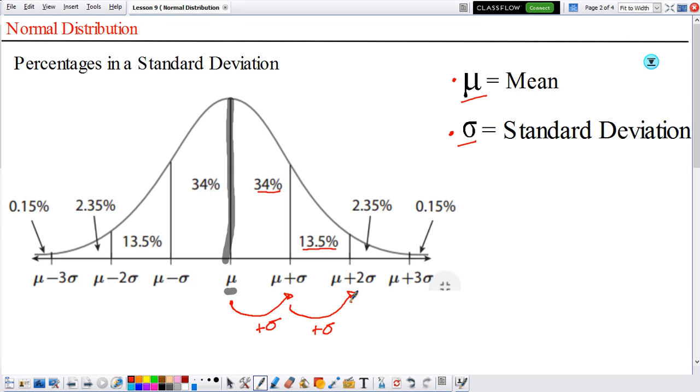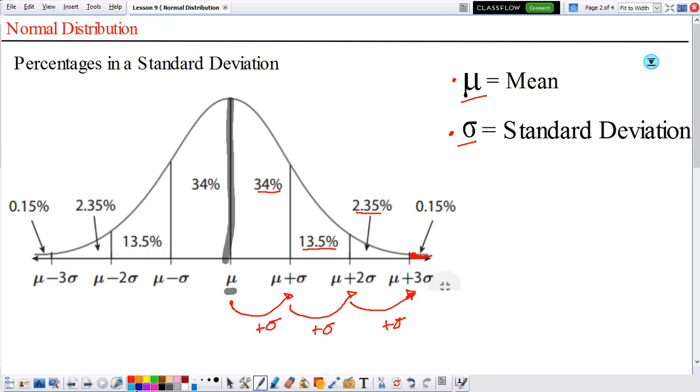If you decide to move another standard deviation, you will gain 2.3%, and whatever's left here, this little area underneath the graph, is nothing more than 0.15%. So if you want to move to the right side of the graph, you will be adding standard deviations.